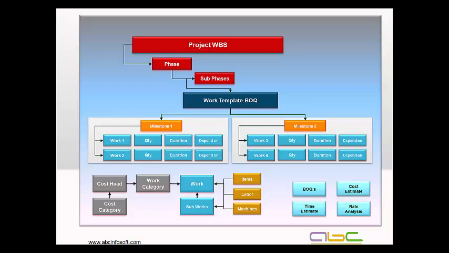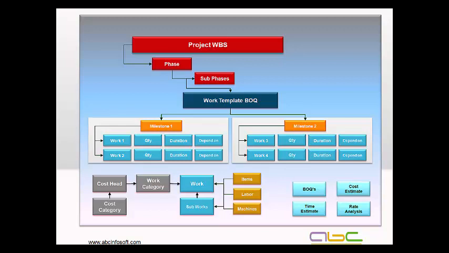While working with the estimation part, first of all we prepare masters for items, labor and machinery. After preparing the masters, we prepare a cost estimation and rate estimation for each and every activity we are going to do in the construction management part. After preparing my work estimation, my next step will be to prepare the BOQ.